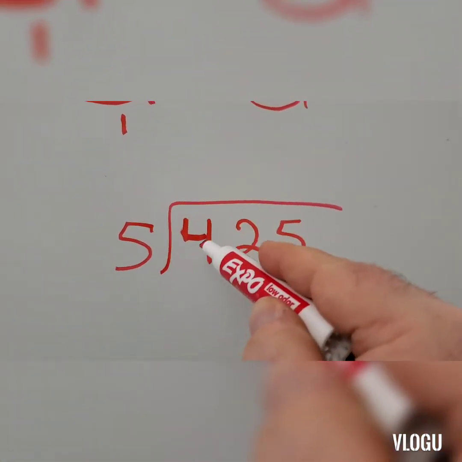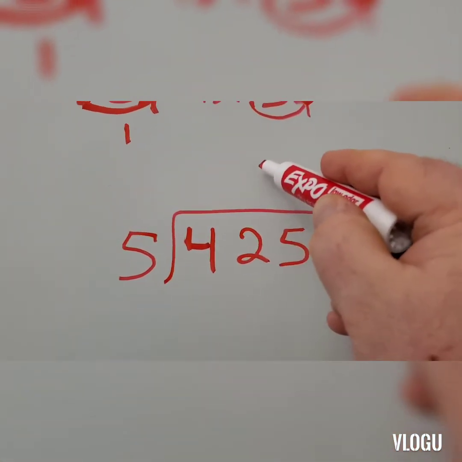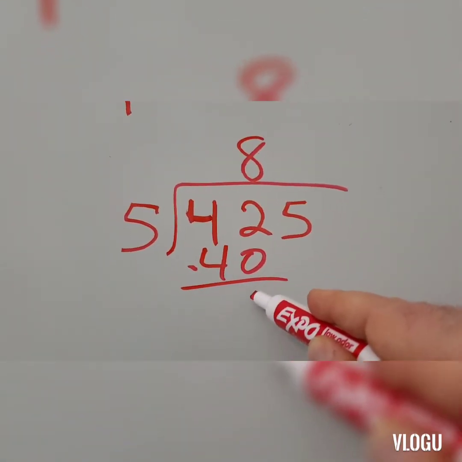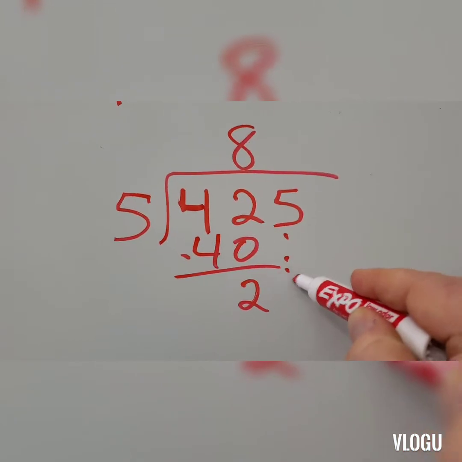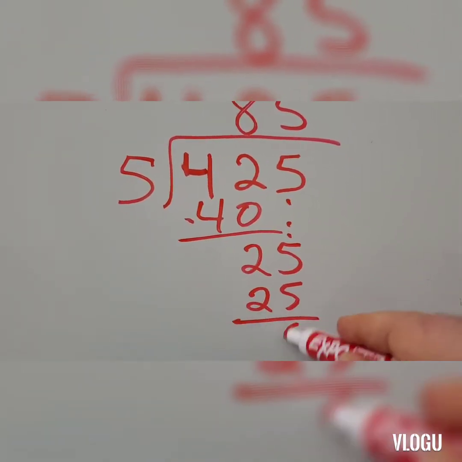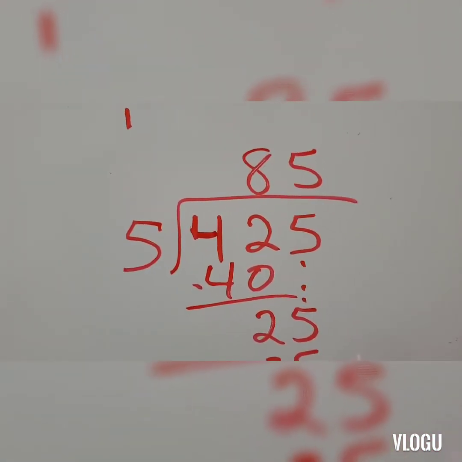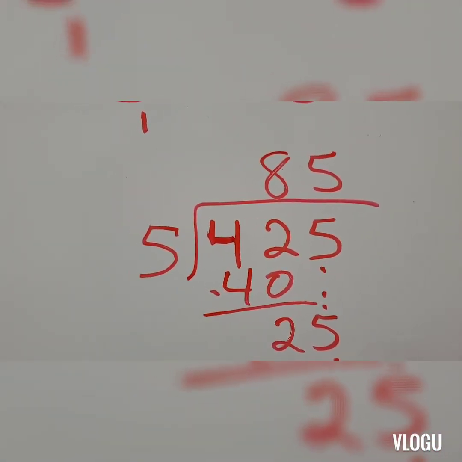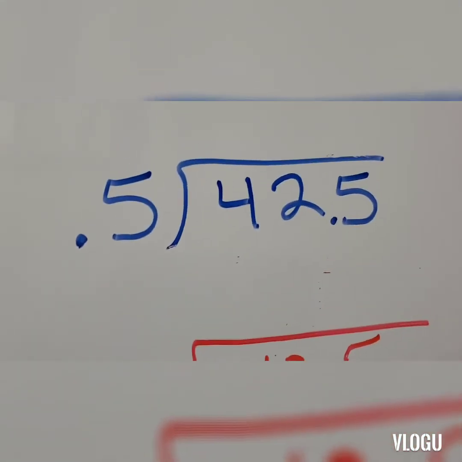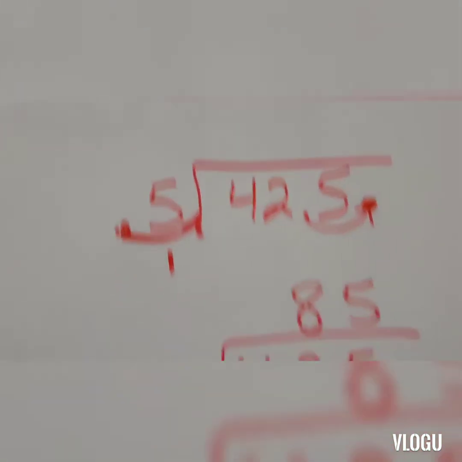But 5 does not go into 4, but it goes into 42 8 times. 40, subtract is 2, bring down the 5, 5 times 5 is 25, 0. So the answer is 85.